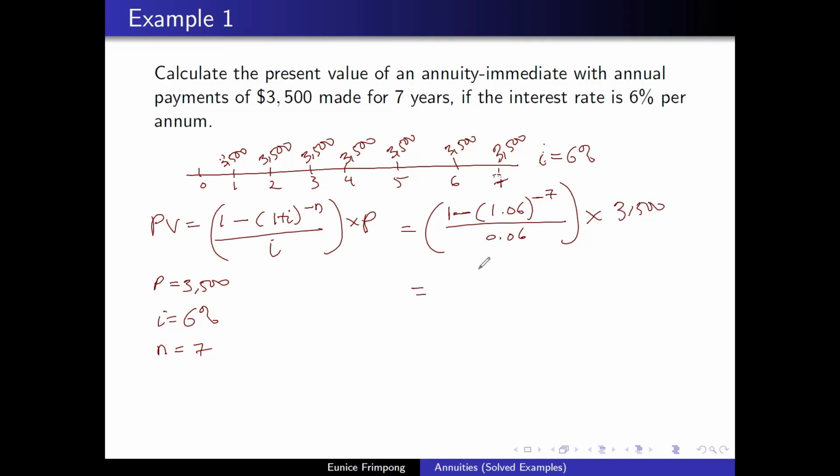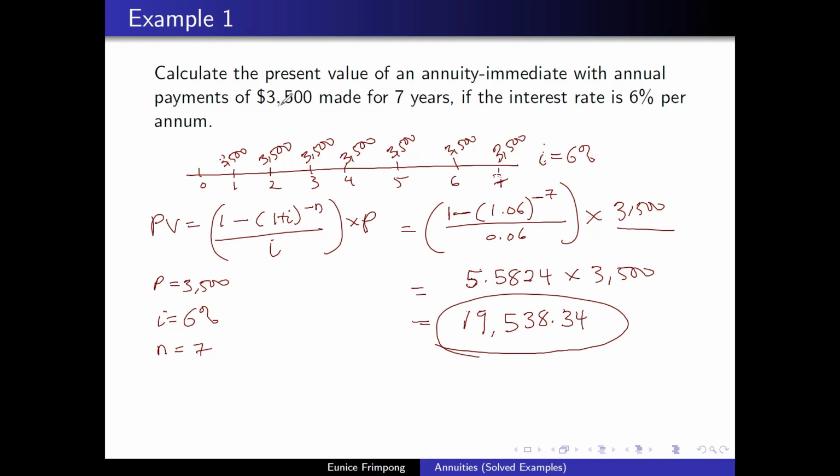And it's giving me 5.5824 times 3,500. If I multiply this by 3,500, I'm getting 19,538.34. So this is the present value of $3,500 made at the end of each year for 7 years at an interest rate of 6%.